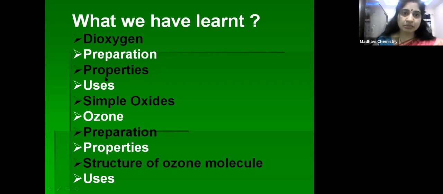Then we discussed the properties of oxygen. Oxygen reacts with most of the elements except noble metals and noble gases like helium and neon, but it can react with krypton and xenon. And it forms oxides: acidic oxides, basic oxides, neutral or amphoteric oxides.